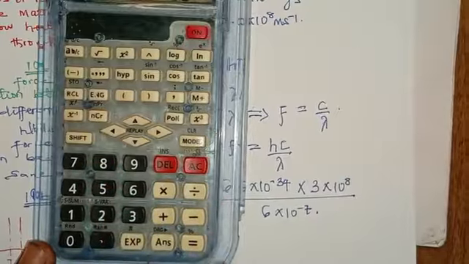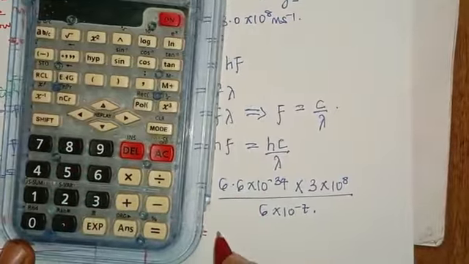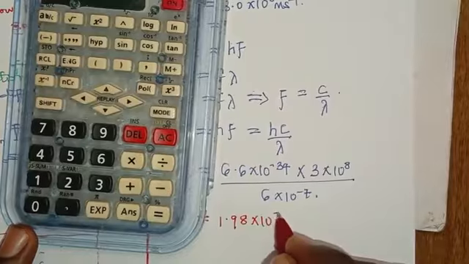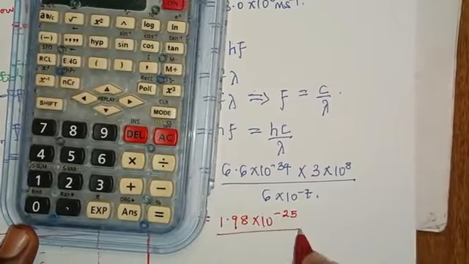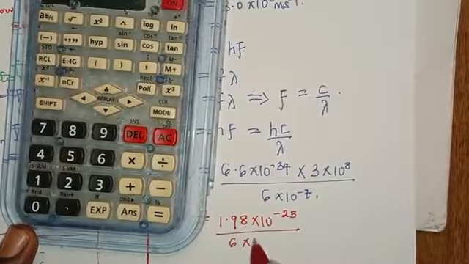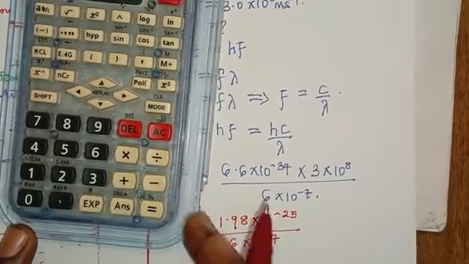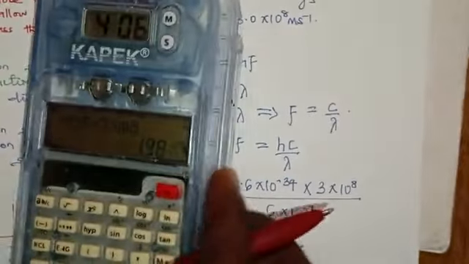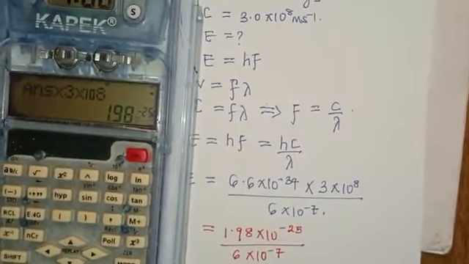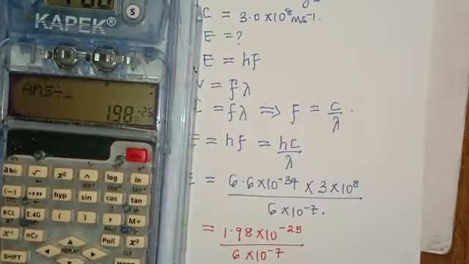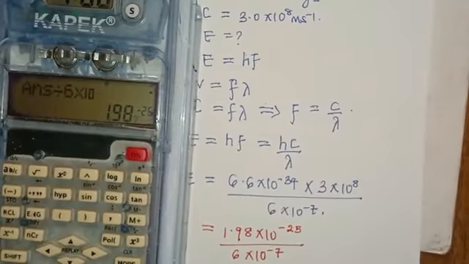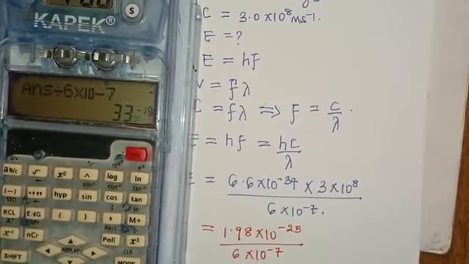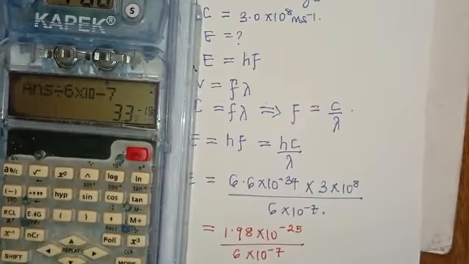I hope you get it. So I have my answer to be 1.98 times 10 raised to power minus 25 all over 6 times 10 raised to power minus 7. So my E will now be equal to, whatever you have as your answer here, you can just press divided by 6 exponential minus 7. That will give us 3.3 times 10 raised to power minus 19 joules.